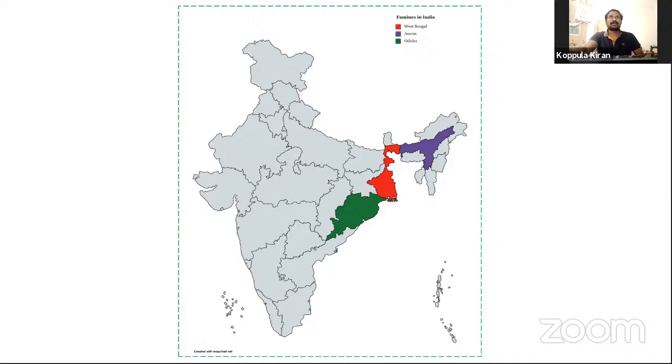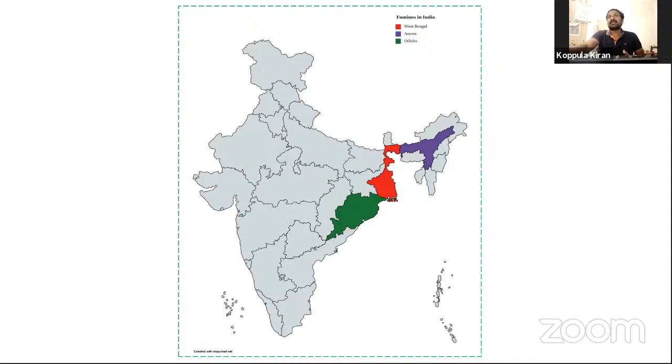See this red colored state, West Bengal. Another, this purple color, Assam, and Odisha. These three states were majorly affected by the famines in 1943 and 45.